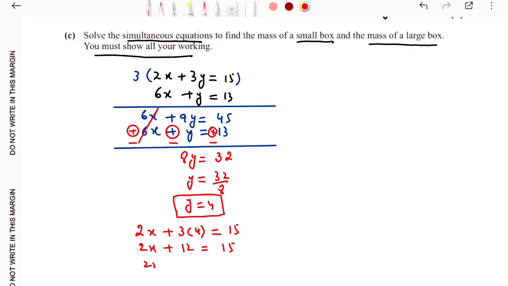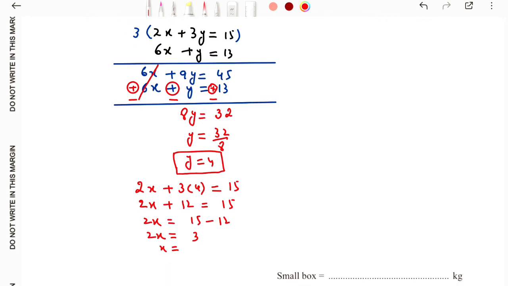Now 2x is equal to 15 minus 12. 2x is equal to 3. The value of x would be equal to 3 divided by 2 is equal to 1.5. So these are two answers. For small box it is 1.5 kg, and for large box it is 4 kg.